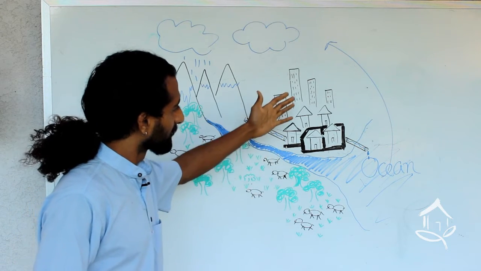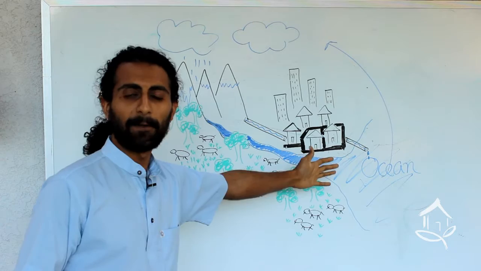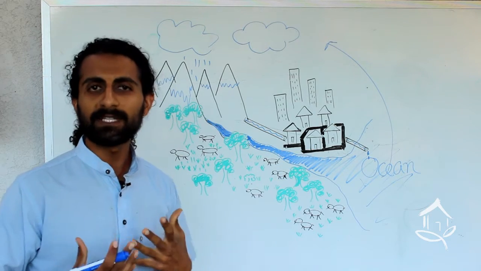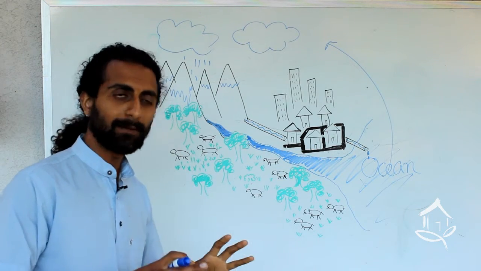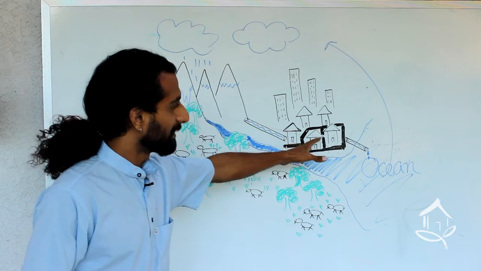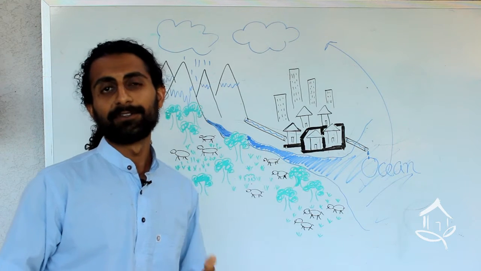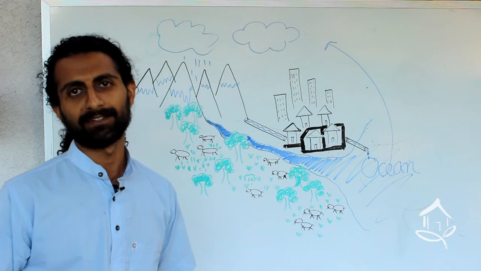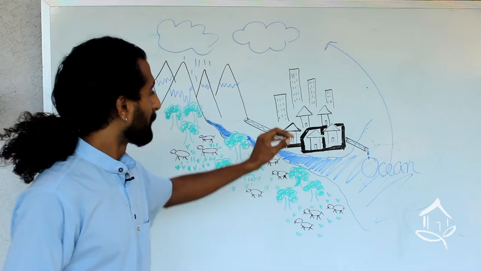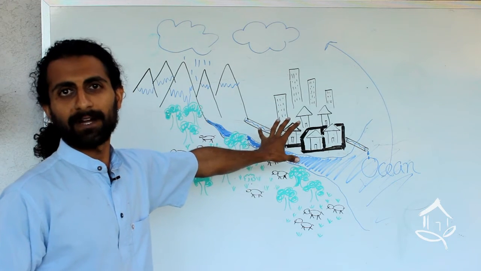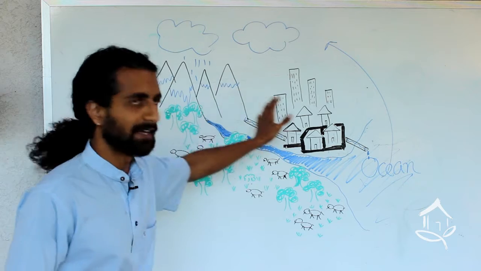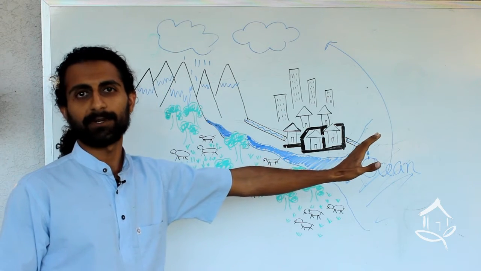So that water then has to go to a sewage treatment plant where energy and resources are used to clean it up, and then that water is usually ejected out to the ocean or pumped back into the ground. So what we see here in the urban environment is a short-circuiting of the natural cycle of water.